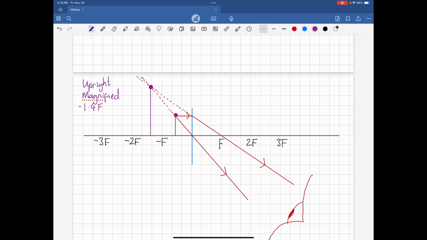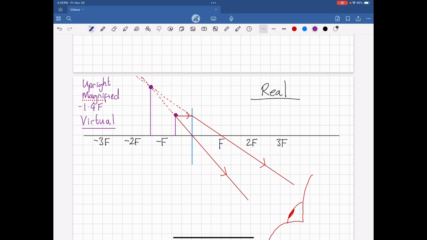But what is more significant is the type of image. If you remember, real images get formed on this side, which means the one that we've just formed over here must be a virtual image. It actually doesn't really exist. Your eyes and your brain believe there is something there.